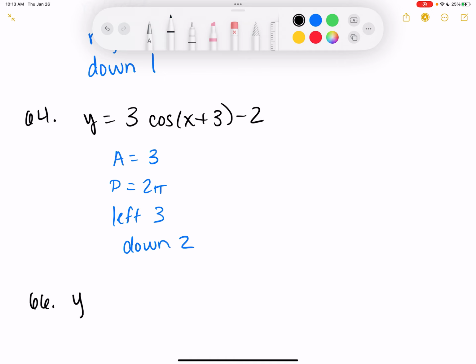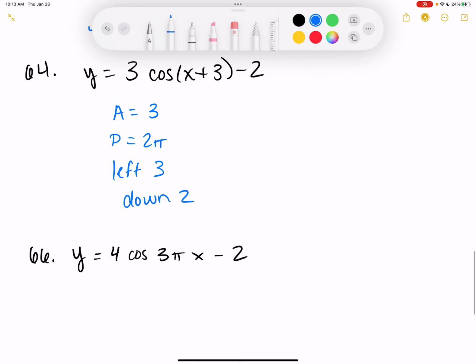66. y equals 4 cosine of 3 pi x minus 2. So what's going on with this one? Okay, so amplitude is 4. Period would just be 2/3. Do the pi's cancel out? Yep, so it's 2 pi over 3 pi, which the pi's cancel, so it's just 2 over 3.